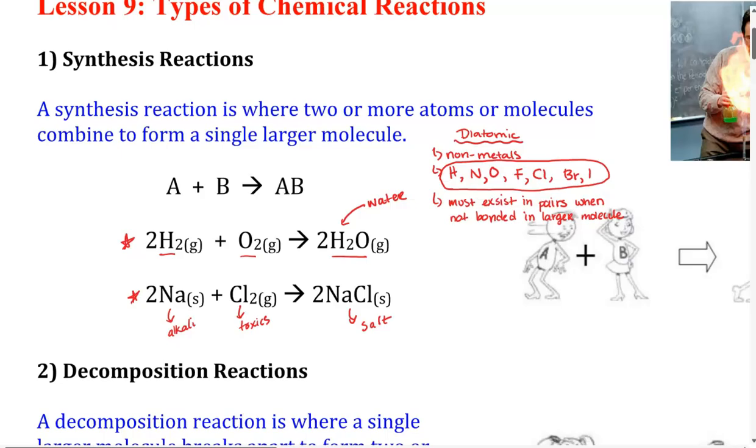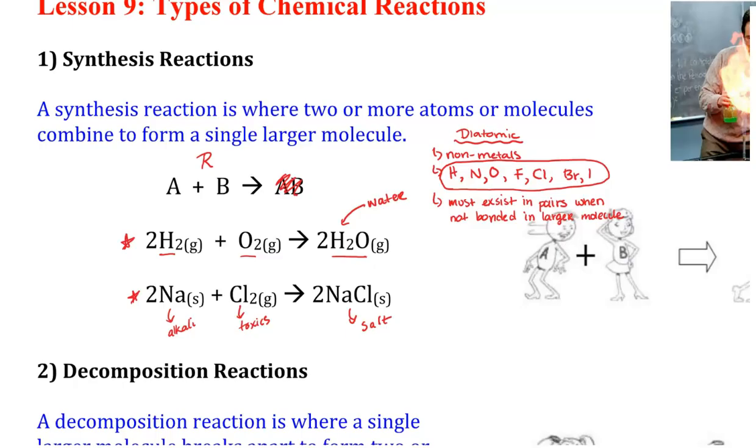Whenever you're trying to predict a reaction, you'll generally only be given the reactant side. You won't know the product. You'll have to predict the product. So for example, on a test or practice problems, you'll be given the reactants, and I will ask, how do you know this is a synthesis reaction? Well, first of all, that there are two different types of reactants.